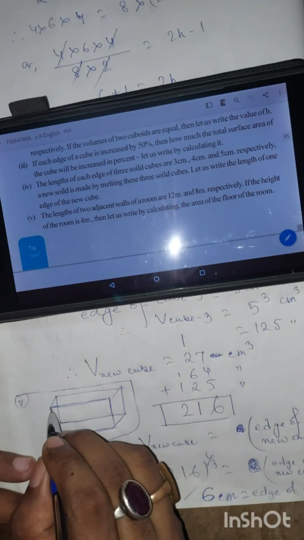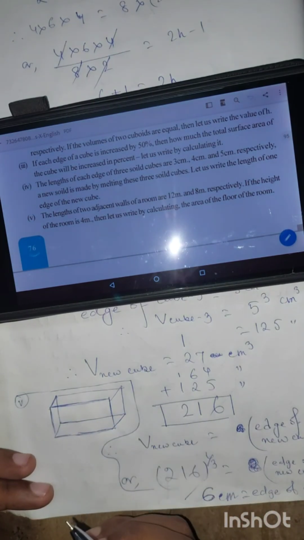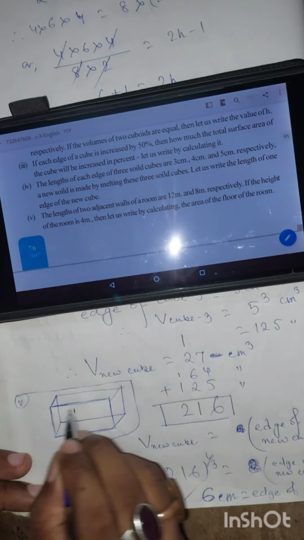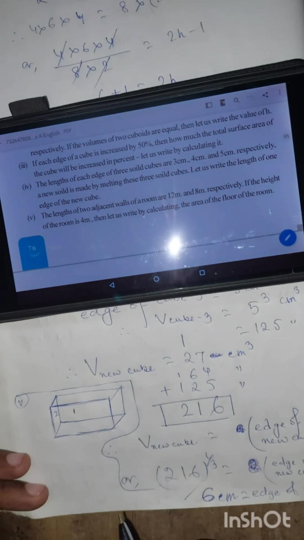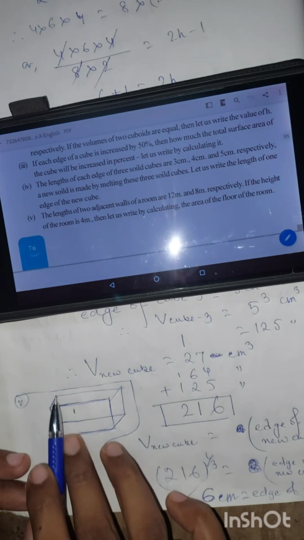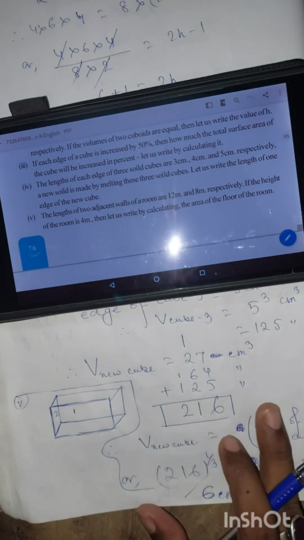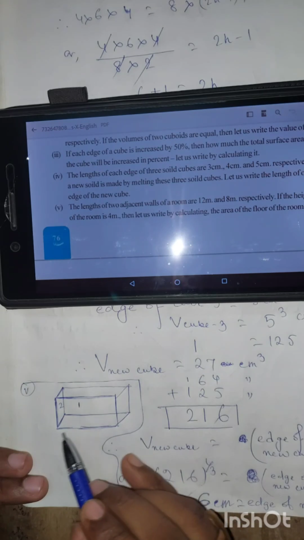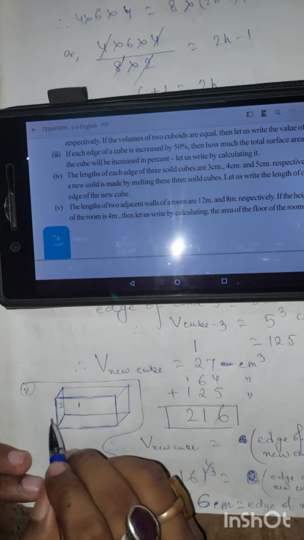The length of the two adjacent walls. So let us assume the front wall is our wall number 1 and the side wall, wall number 2. This is our first wall and this is our second wall. I hope it is visible clearly. The front wall and the left side wall are two adjacent walls.